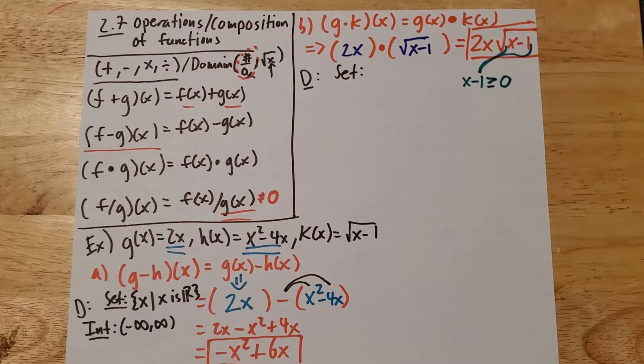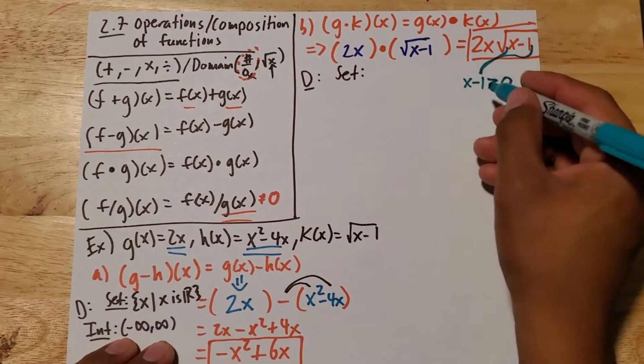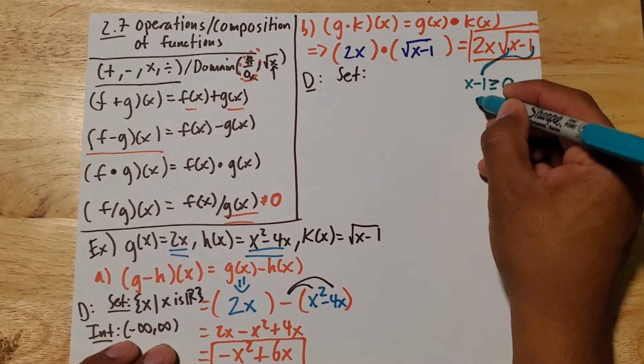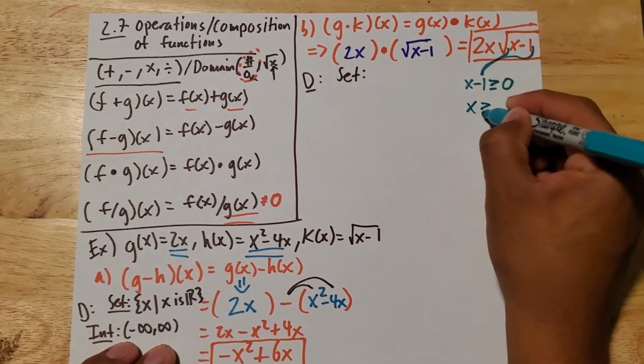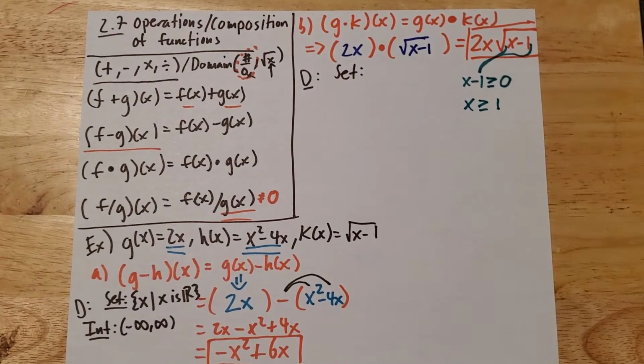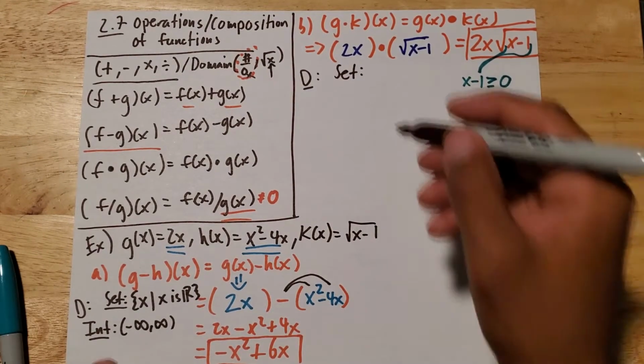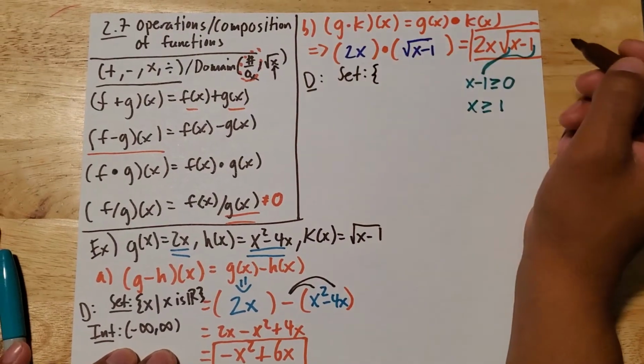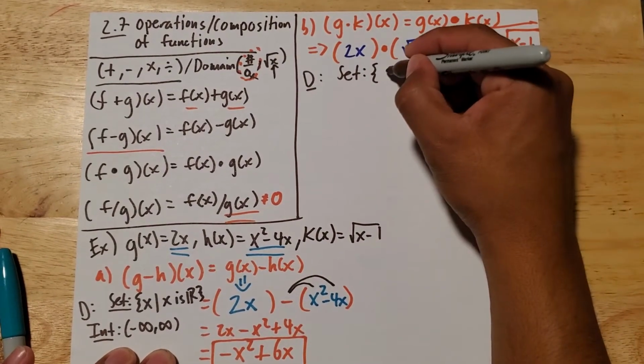And the square root of 0 is 0, which is a real number, making it a perfectly okay number to be part of your domain. So when I simplify this, x is going to be greater than or equal to 1. That tells me that all the values of x that satisfy this function are those that are greater than or equal to positive 1.